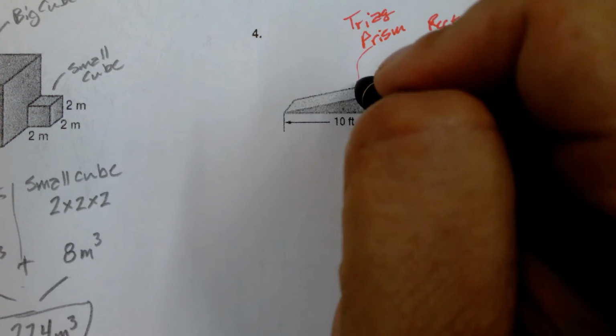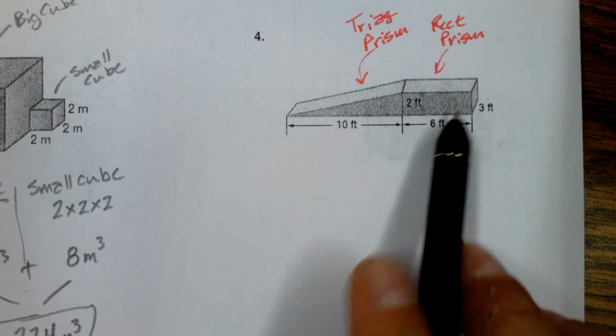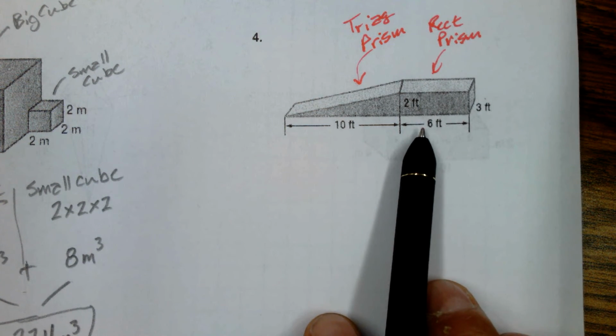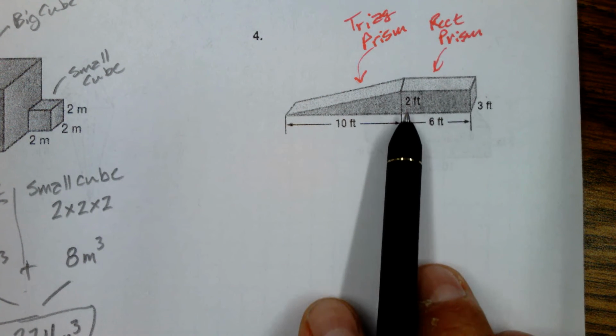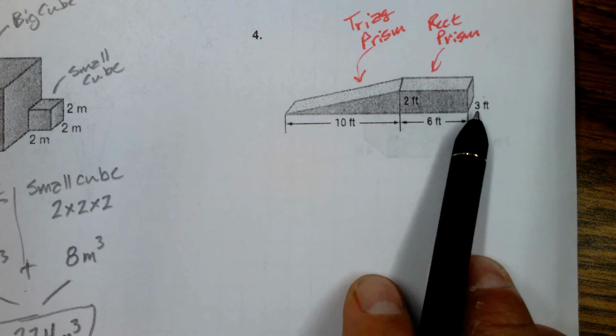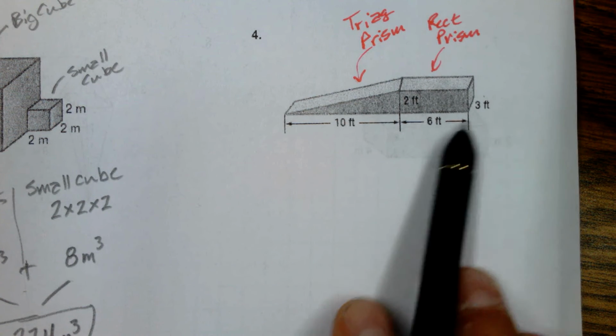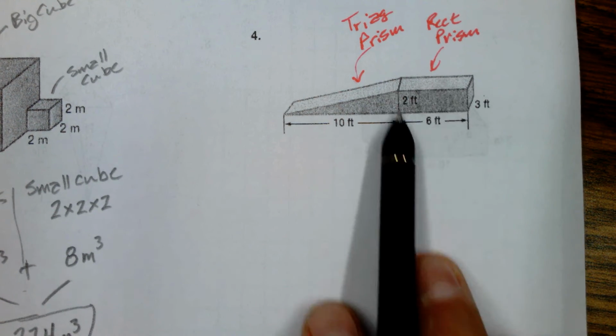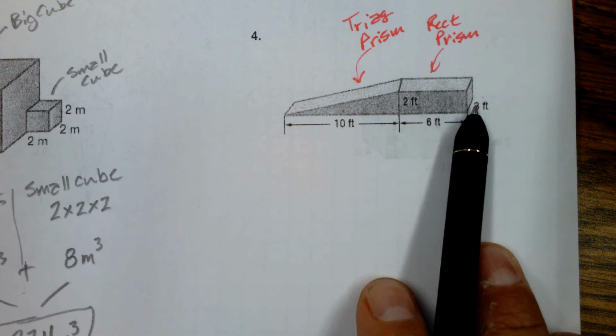Okay, so that's telling us, for this one, we just multiply the 3 dimensions they give us. 2 by 6 by 3, or 3 times 6 times 2. So that gives us the rectangular prism.